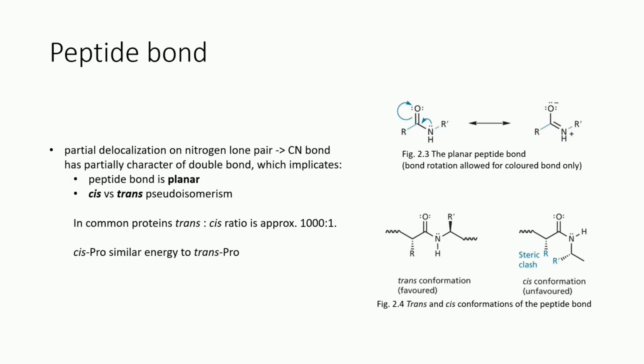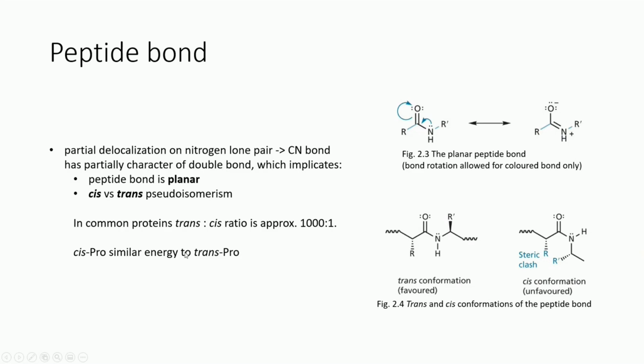So the peptide bond is planar, and there can occur so-called pseudo-isomerism. And we can talk about trans conformation and cis conformation. Most often there is a trans pseudoisomerism on the peptide bond in proteins, and very rarely we can observe the cis pseudoisomerism, and it is typical for proline amino acid.